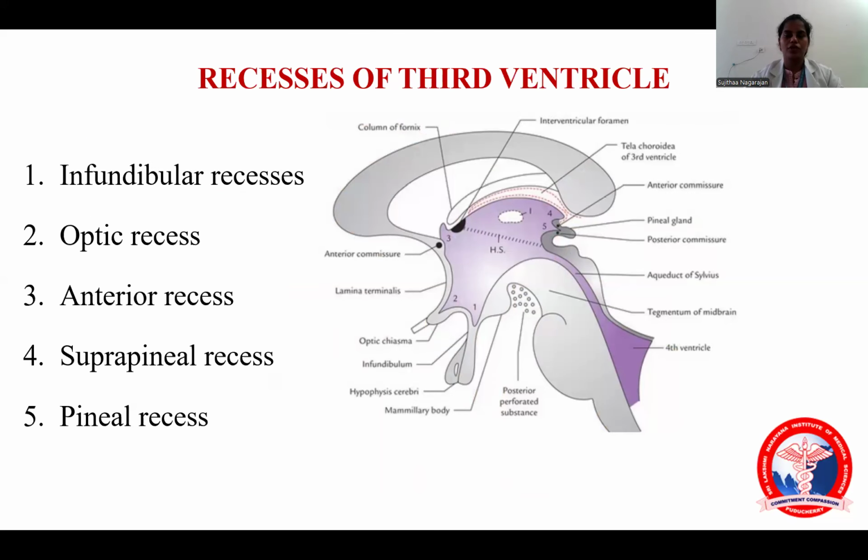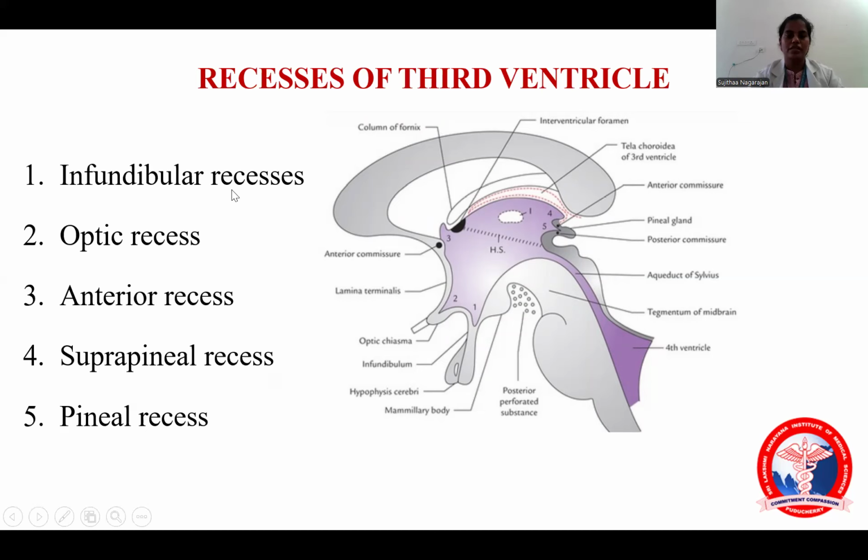Now we are moving on to the recesses of the third ventricle. So the recesses are 5 in number. They are infundibular recess, optic recess, anterior recess, suprapineal recess, and pineal recess. From the name itself, we can appreciate that the suprapineal and pineal recesses are closely related to the pineal gland.